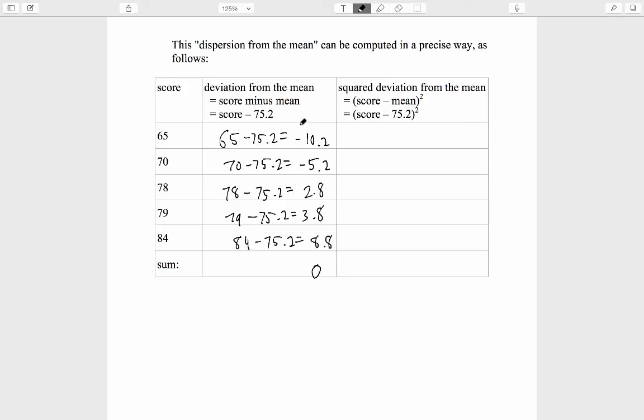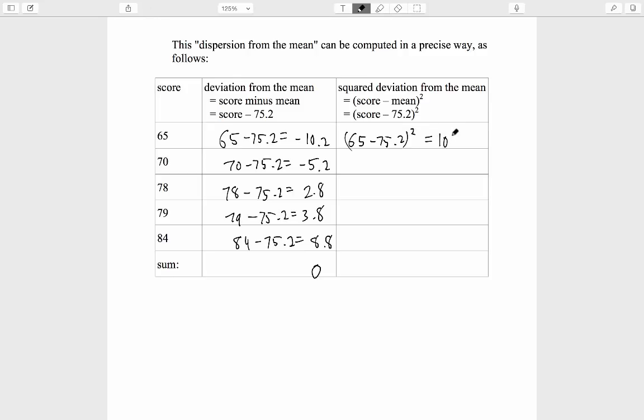You might be tempted to just take absolute values, just cross out the negative signs and add them up. There is such an approach, but mathematically it does not work out nearly as nicely. For a number of mathematical reasons, we're going to actually take these numbers and square them. So we're going to take this 65 minus 75.2, that is this negative 10.2, and square it.